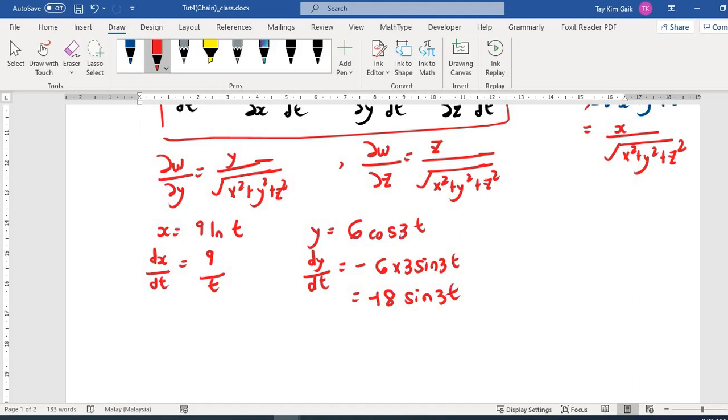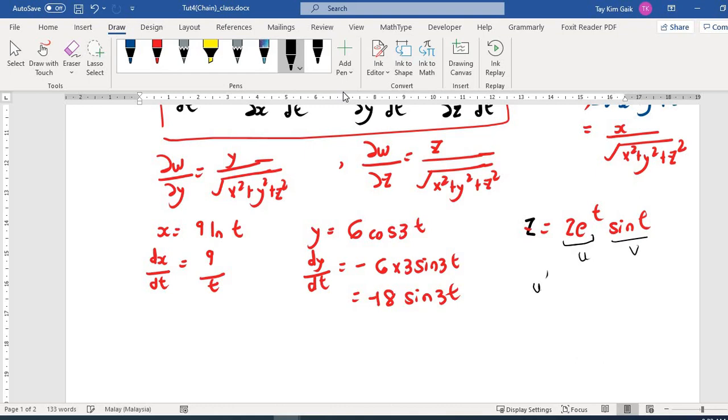Okay, and then z is actually 2 exponent t sin t. Okay, this one you have to use the product rule. This is u, this is v.